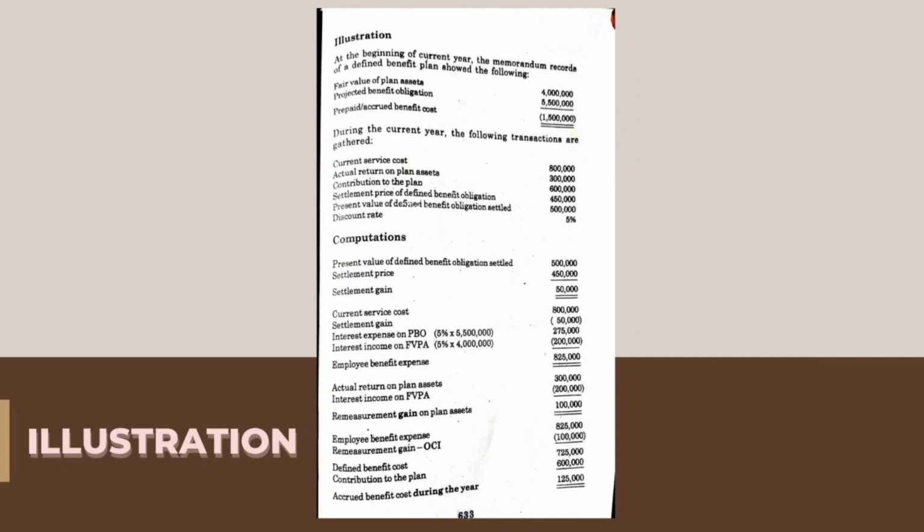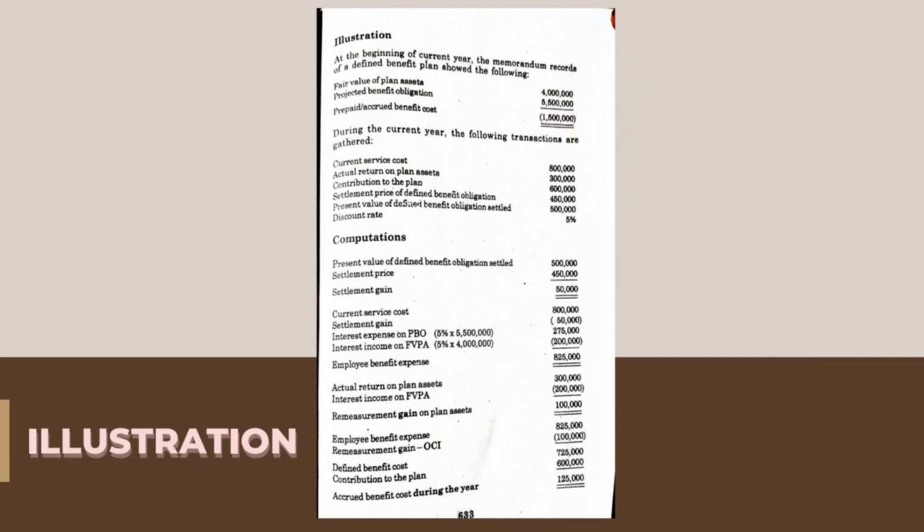So 5% multiplied by 5,500,000, we get 275,000. And to get the interest income on FVPA, discount rate multiplied by the fair value of plan asset. So 5% multiplied by 4 million, we get 200,000. So the employee benefit expense will be 825,000.